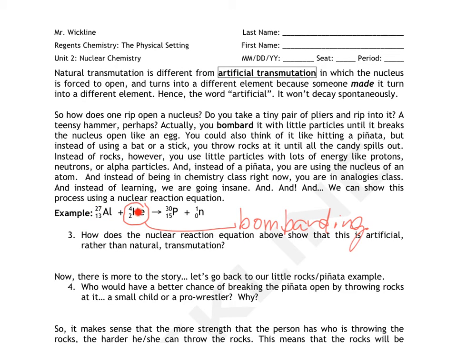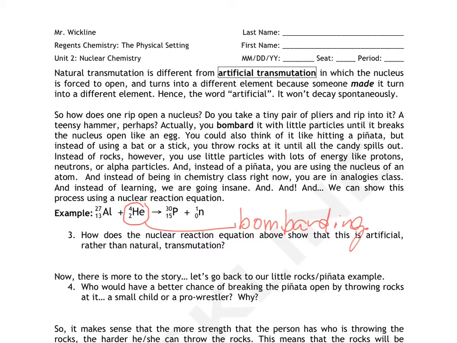So this guy's bombarding the aluminum nucleus, and when it does so, it causes the aluminum to transmutate into phosphorus-30 in this case. There's an extra little bit that's coming out of the nucleus as well, and it's a neutron in this case. But the identity of this extra bit could really be anything as long as the algebra works out.